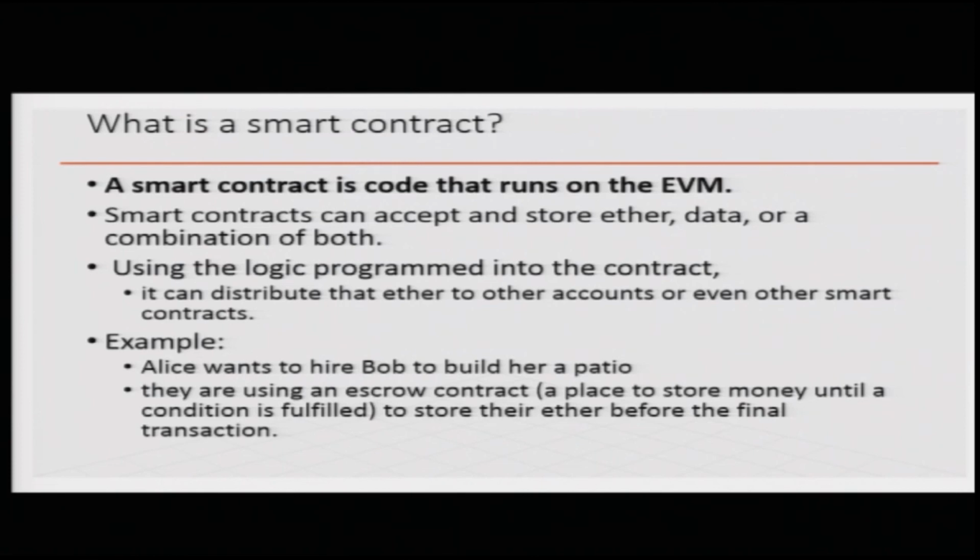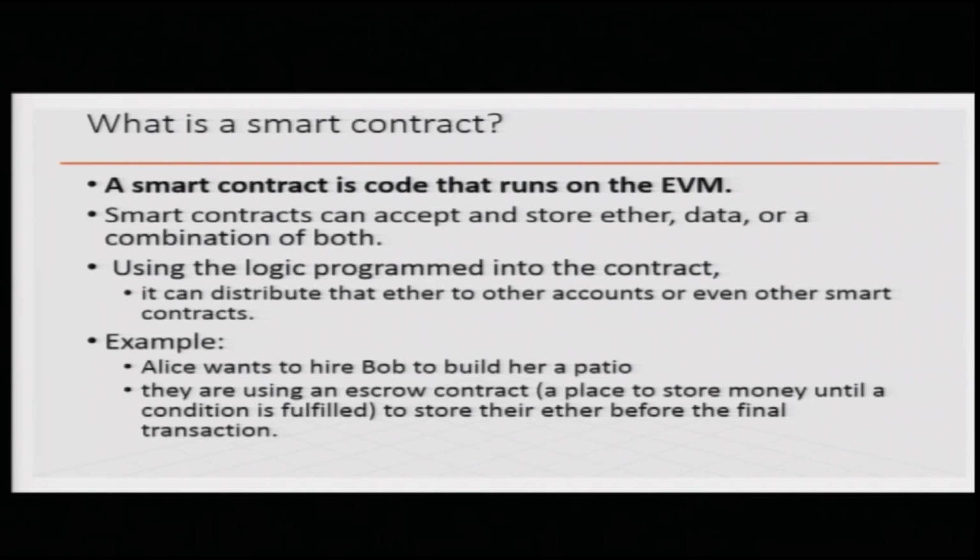So here Alice wants to hire Bob to build her patio, and Alice doesn't want to pay upfront in case Bob fails to do the work to her satisfaction. So they create an escrow account, which is basically a smart contract, in which they both store an equal amount of Ether.